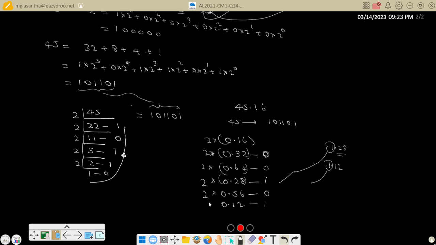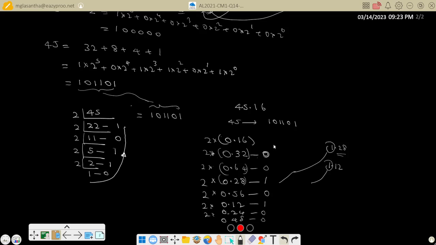Then you multiply again like this: 0.24, the digit is 0. Then you multiply again: 0.48, the digit is 0, like that.